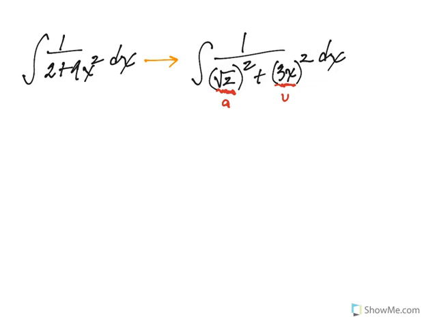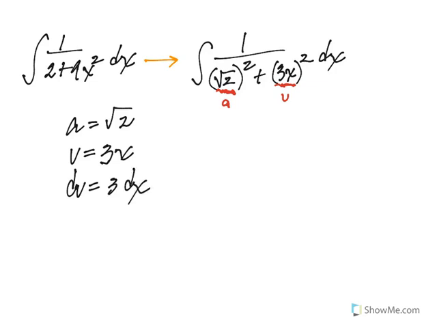Now, from here on out, it's very similar to u substitution, and you're going to go through and identify exactly what a is. So a, in this case, is the square root of 2. My u is equal to 3x. And then just like I did with regular old u substitution, when I differentiate, du gives me 3 dx. And what you'll notice here, again, like all the other problems in chapter 4 and 5, I do not have a 3, so I'm going to bring that 3 over to the other side.